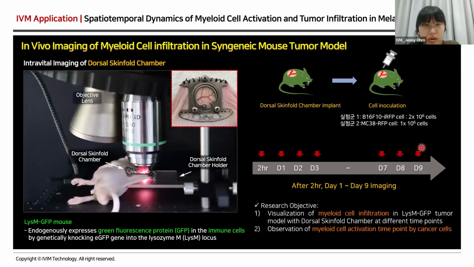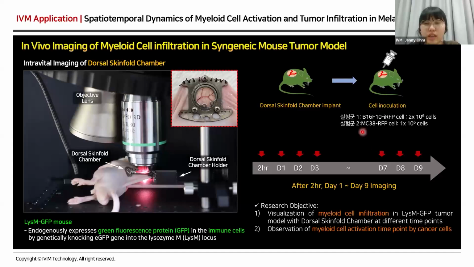With this background in mind, the first experiment I'd like to share involves real-time imaging of immune cell infiltration in a syngeneic mouse tumor model. In this experiment, immune cells were visualized using a transgenic mouse, and the dorsal skin fold chamber was utilized in order to observe the infiltration of myeloid cells into the tumor over an extended period of time.